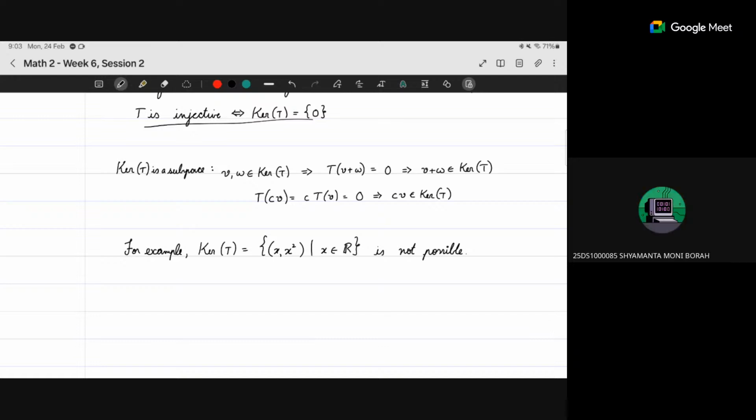Let me call this set W. 1 comma 1 belongs to W, but 2 comma 2 does not belong to W. So this is not a linear subspace. Kernel needs to be a linear subspace.